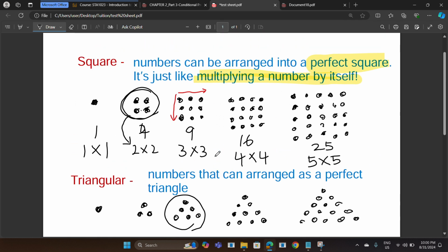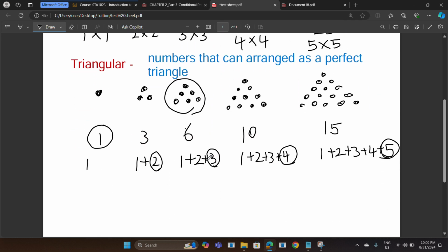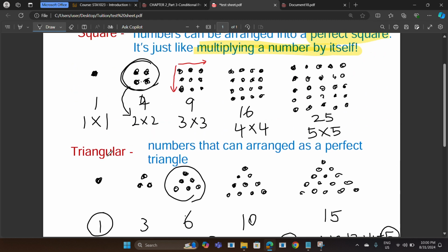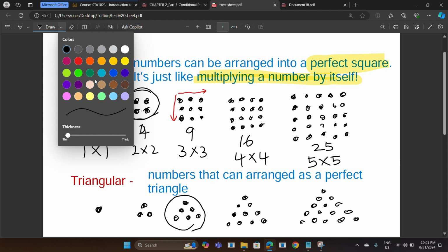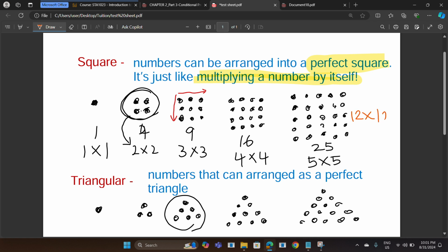So you have learned square and triangular numbers. Let's do some small exercises on these triangular and square numbers. What is the 12th square number? If the question is asking for the 12th stage, we have to multiply 12 by 12.